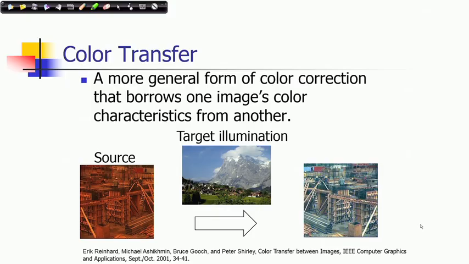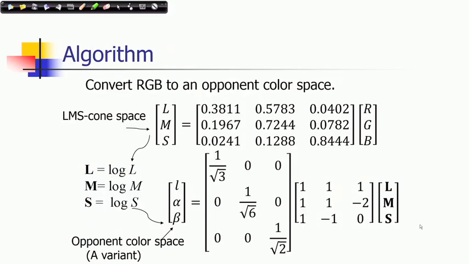So, let us discuss the processing of this particular operation. What we do here is process all these pixels in a different color space, where we can separate out the chromatic components from the luminous components.